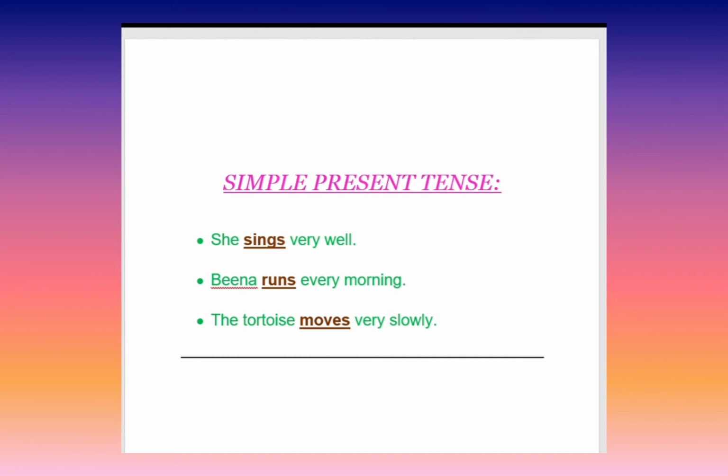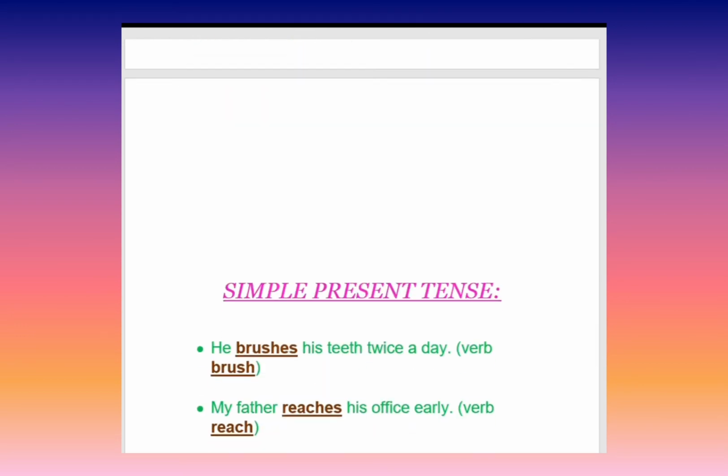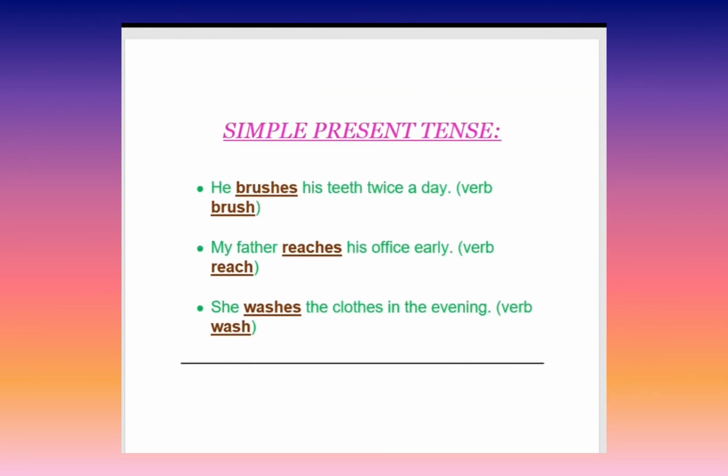Now the verbs ending with ch, sh, x and o usually take an es when used with singular nouns and the pronouns he, she and it.